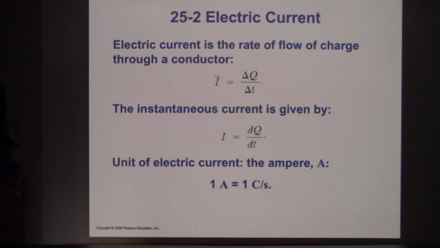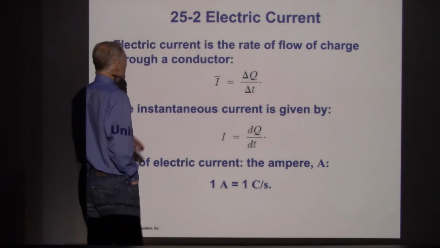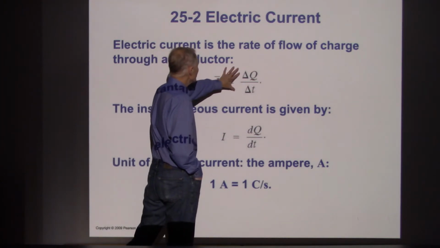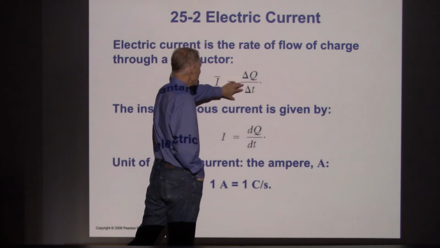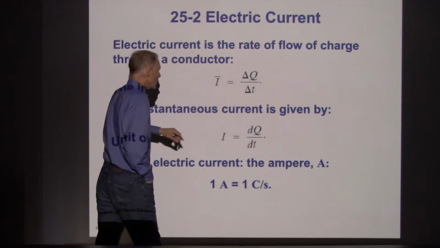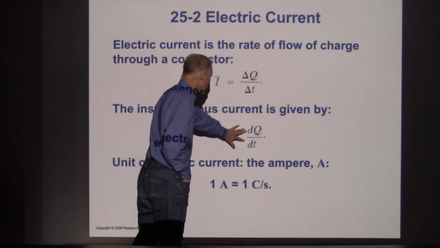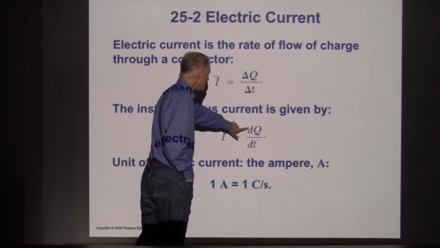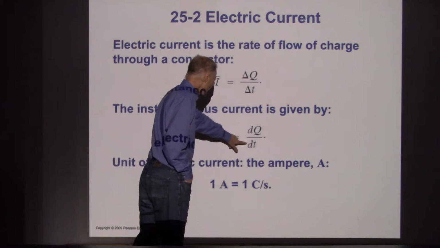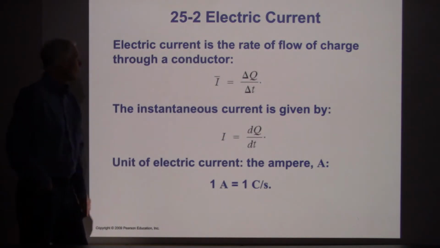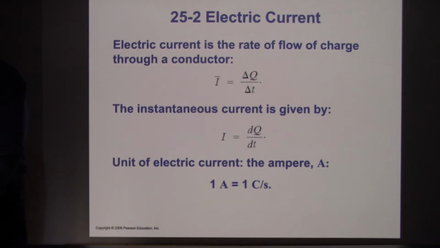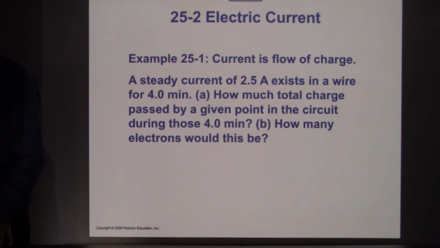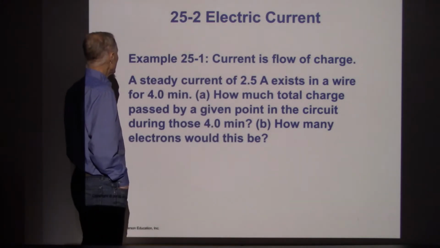Okay, let's get back to the electric current definitions here. Current is defined as charge per time, and we can take that into differential form, dq divided by dt, as needed for our calculations. So here's an example. Let's try doing some calculations with these.